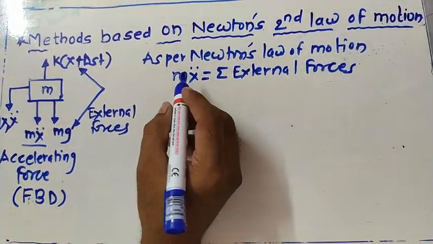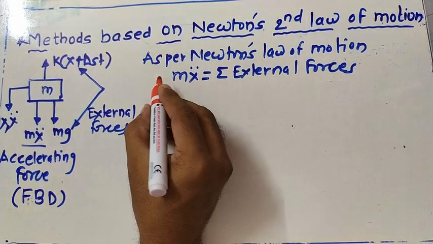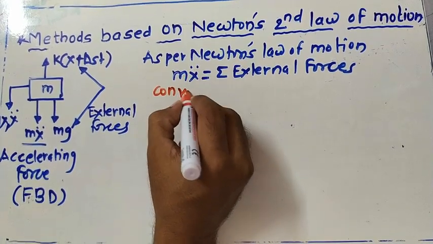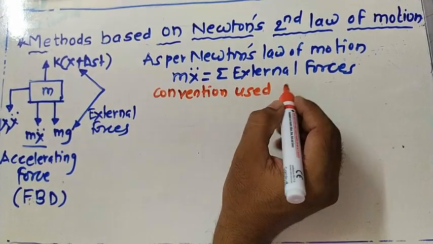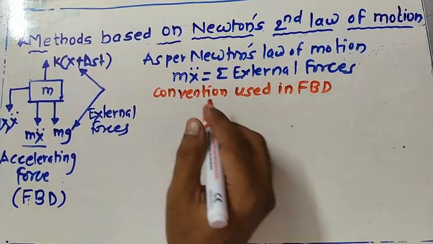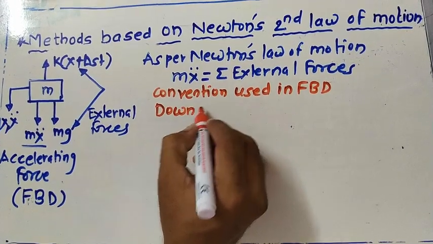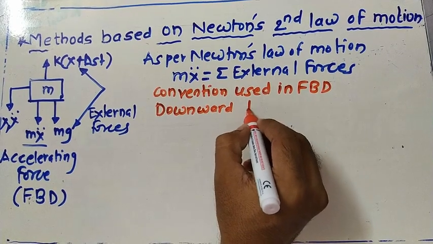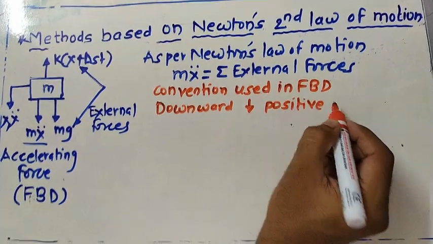Okay, so here some sign conventions are there. So we'll just see those sign conventions used in the free body diagram. So if any downward force is there, then you have to consider the positive sign for the same.